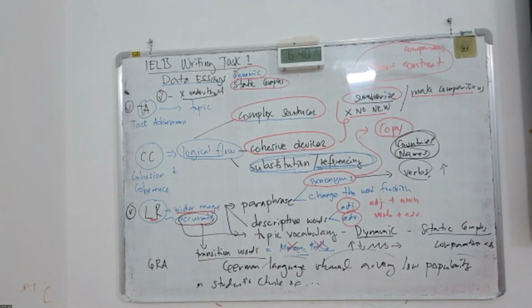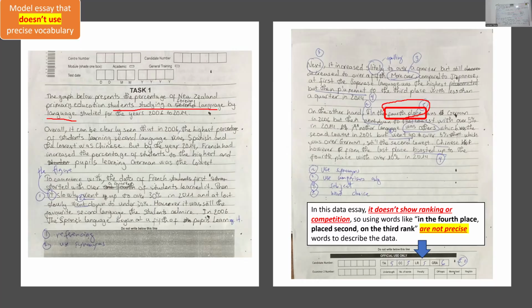So if the lexical resource is 5, probably the task achievement could also be 5. If you check the model answer from the student, it's very clear that the task achievement he or she got here is 5, and so does the lexical resource.